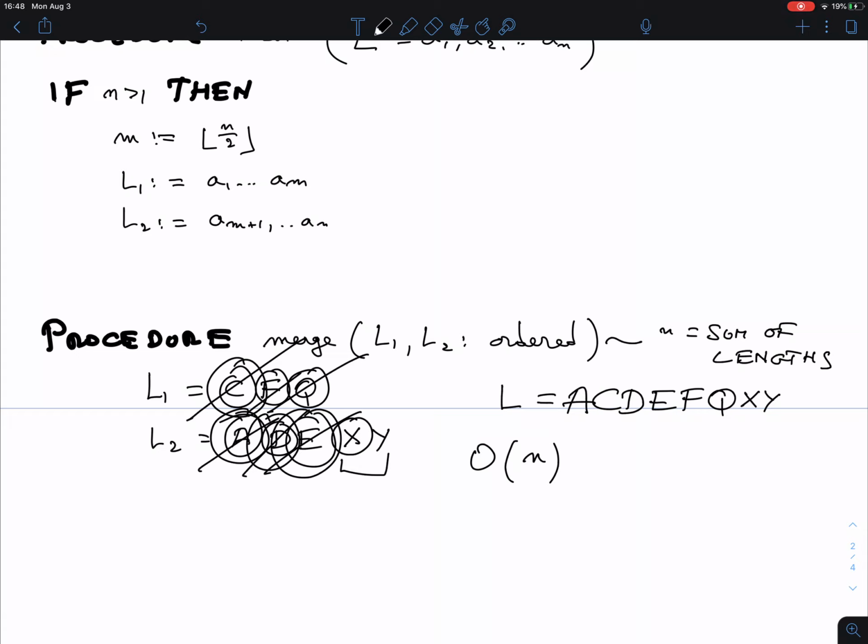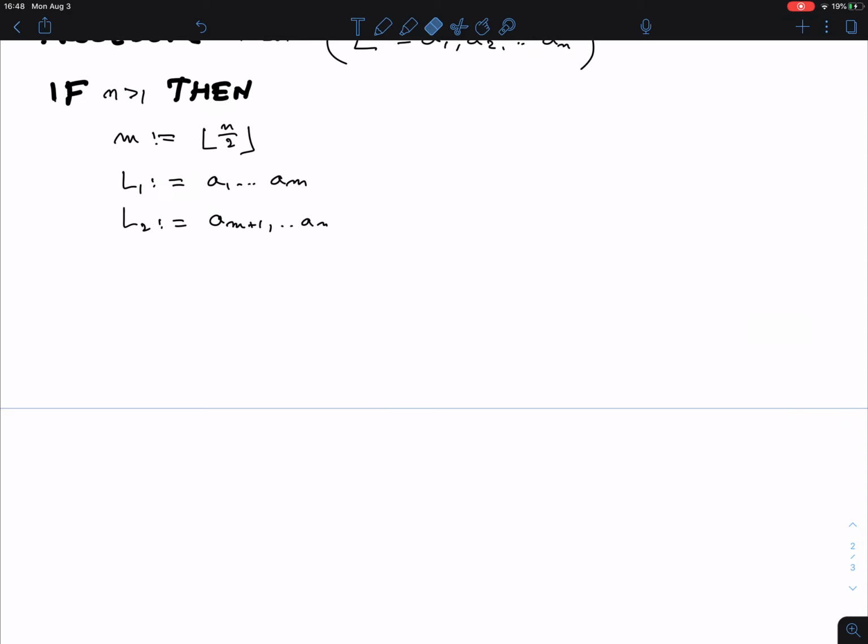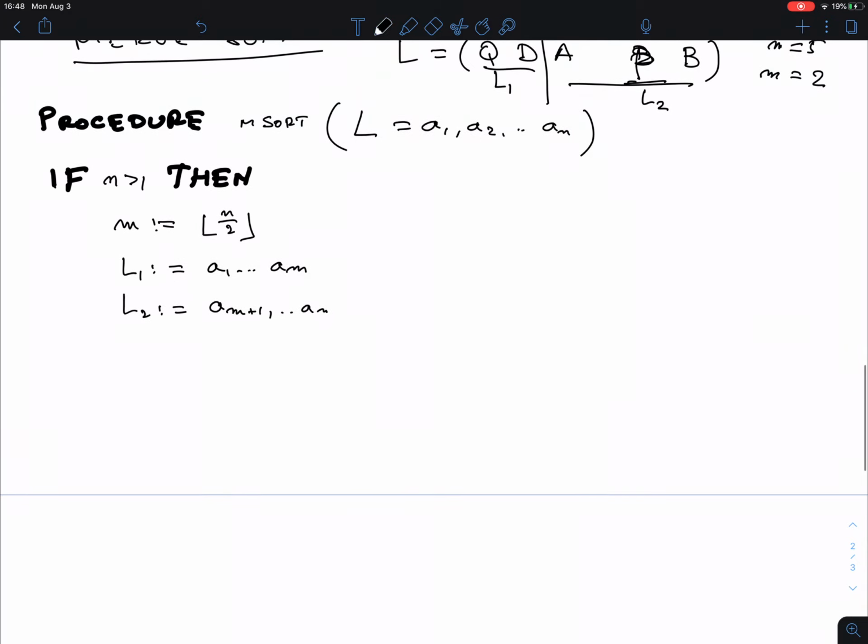But I'm going to now do away with this one. We know how it works, and in the book it's described in pseudocode. So what is going to happen here? What is now my new list? Remember, my procedure has to give me a sorted list, and it says the sorted list is the following thing. You merge, which was the procedure I just erased, the sorted lists M sort L1 and M sort L2.